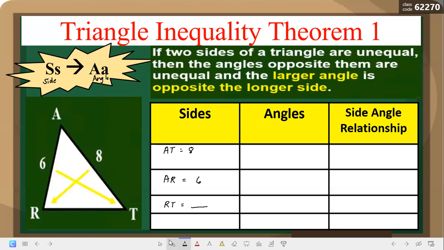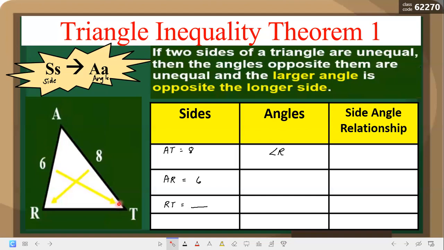So identify natin ngayon kung ano yung opposite angle ni side AT. So ito siya, di ba? So ang opposite niya is itong may arrow. So therefore that is angle R. And then also with the other one, we have AR.